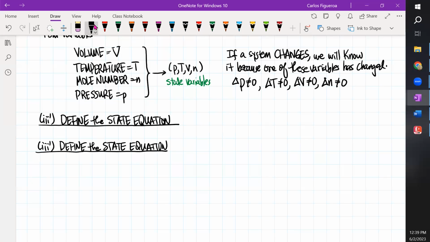The state equation in thermal is the mathematical equation that connects pressure, temperature, volume, and the mole numbers together.